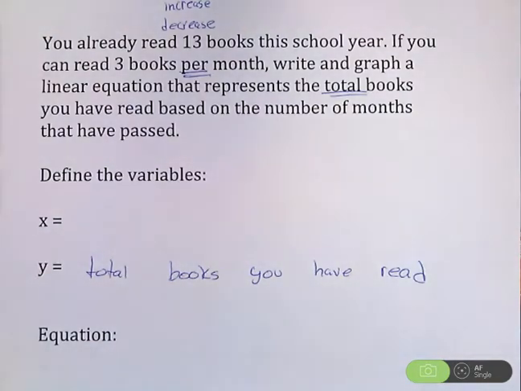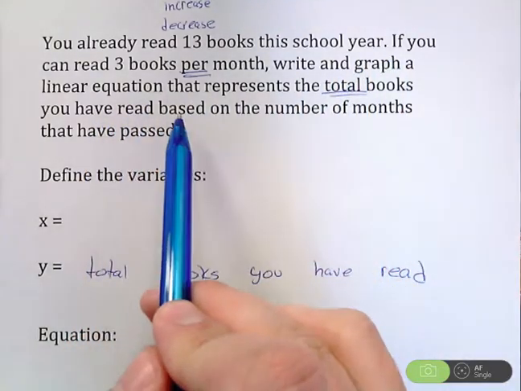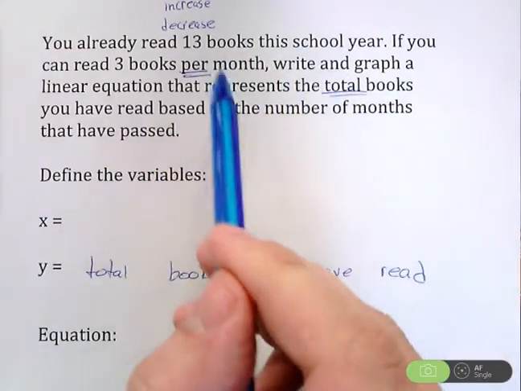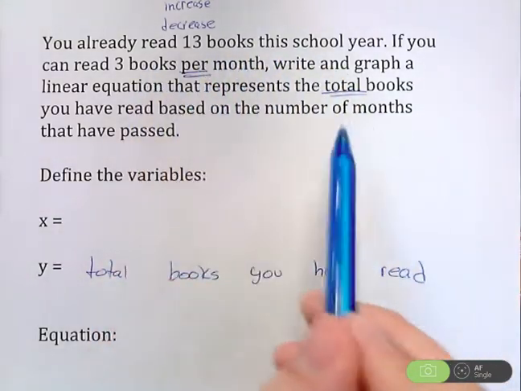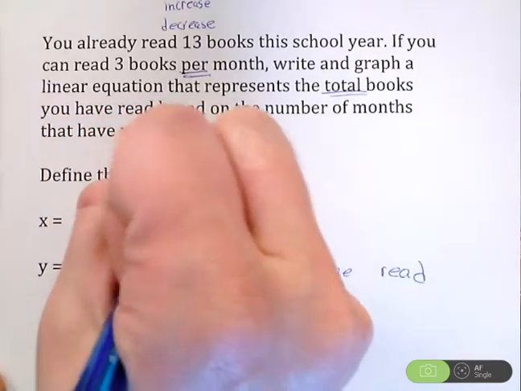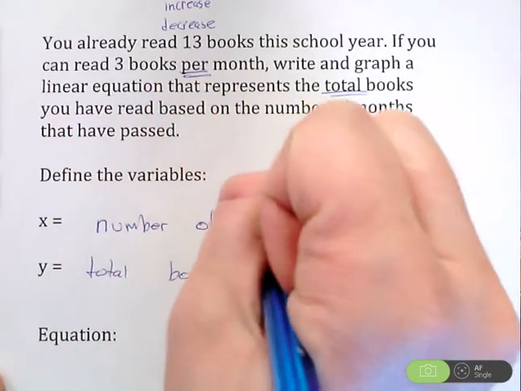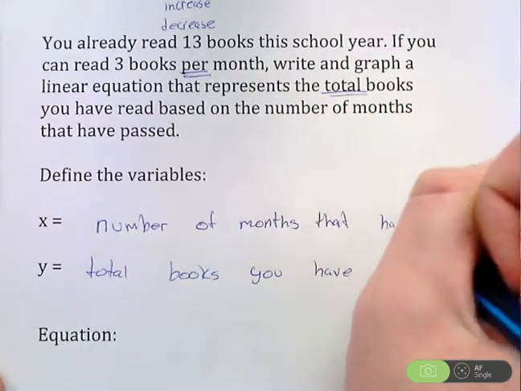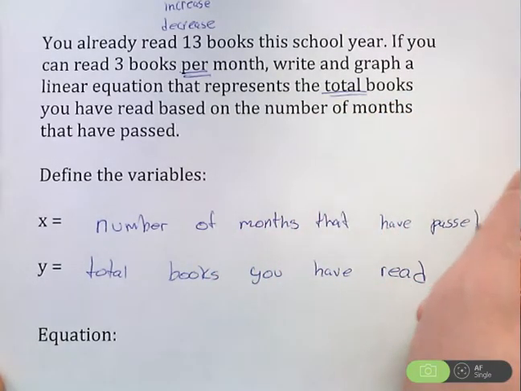What's the other thing they're talking about in this problem? It says the total books you have read based on the number of months that have passed, and it also talks about books per month up here. So my x is going to be the number of months that have passed. So I've defined my variables.